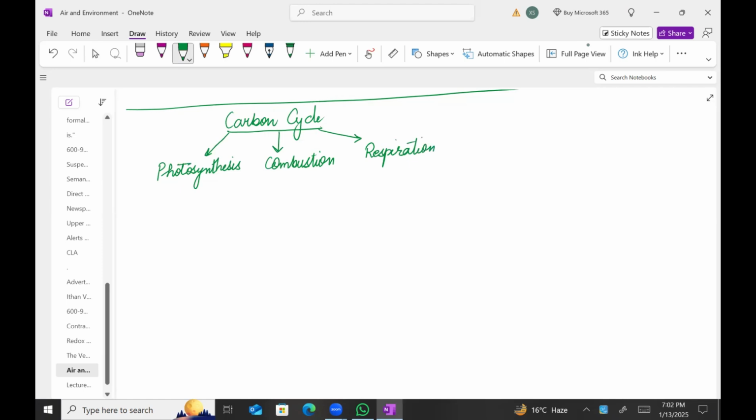Now, photosynthesis is the process by which plants make their food.